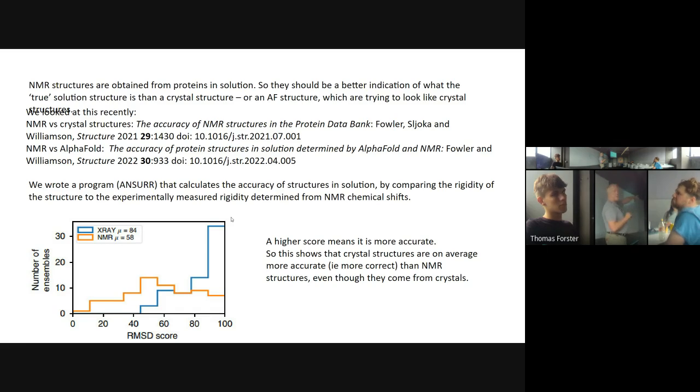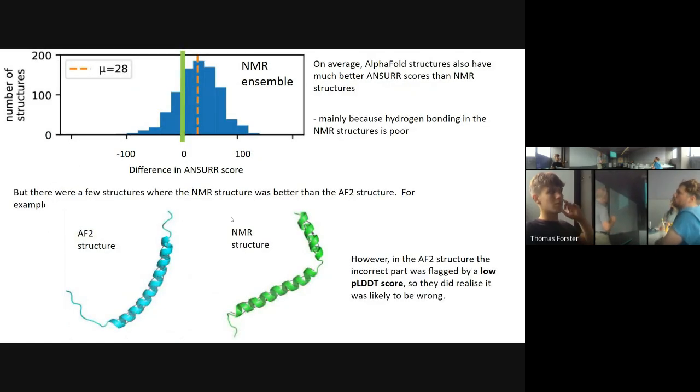So from that measurement, you'd say, does it matter that it's a crystal structure? No, because crystal structures are actually very close to what the genuine solution structure looks like. So that's the crystal structures. And then on the next slide, we look at AlphaFold. We did the same kind of thing, saying if you look at the AlphaFold structures and compare those to the rigidity of what we know about the protein actually in solution, is AlphaFold right?